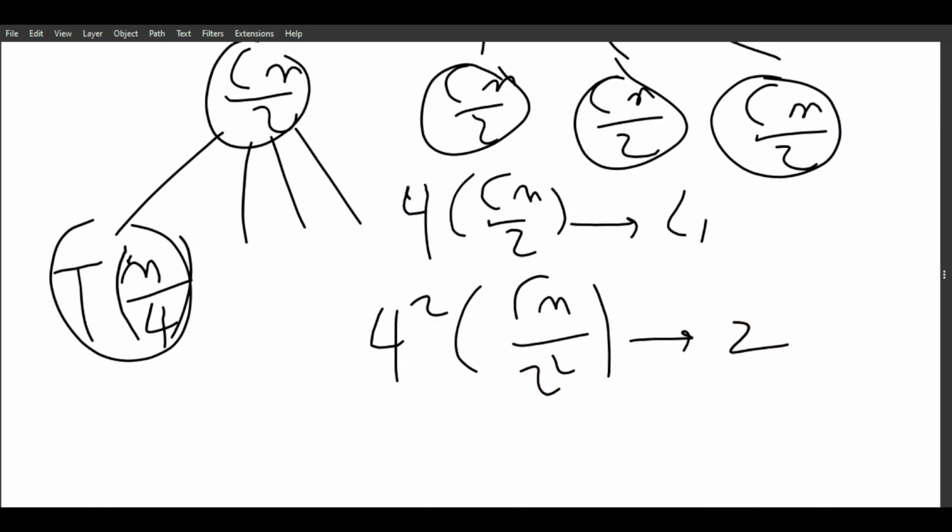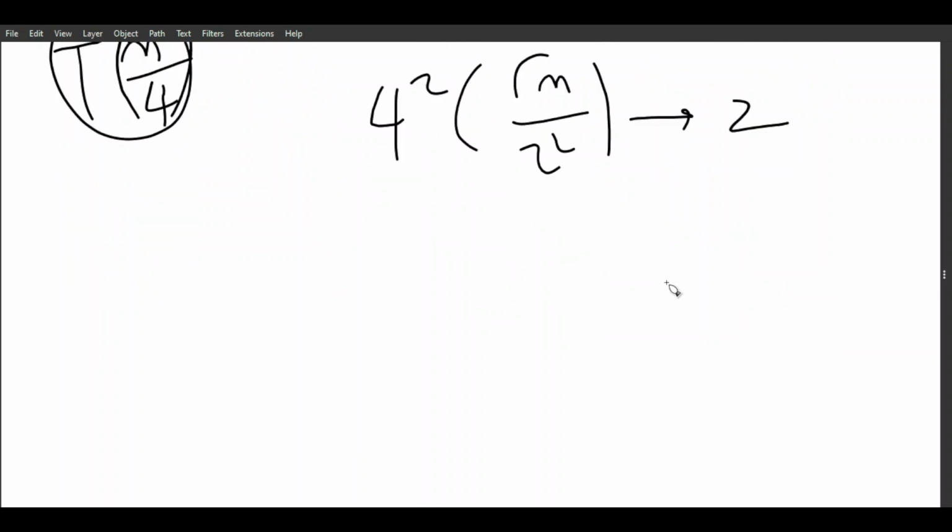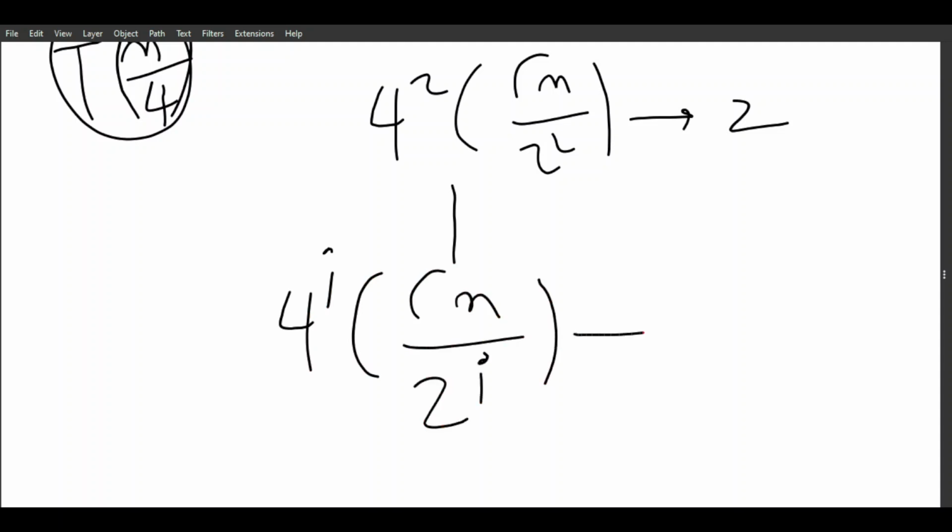At the second level continue like this. So in general at level i we will have 4 power i, Cn divided by 2 power i. This is at level i. Just continue until we arrive at the leaf node.